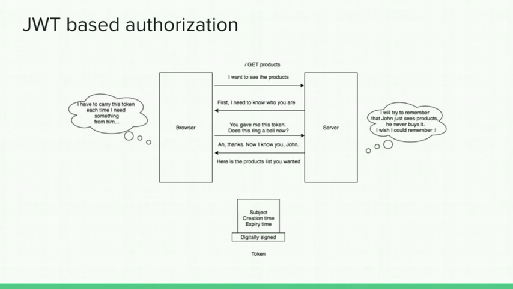This is exactly what a JWT looks like. Cookie-based authorization or session tokens are like carrying just an employee ID, presenting just the ID every time, and it is up to the server to look up that ID and verify that it's really the user making the request.